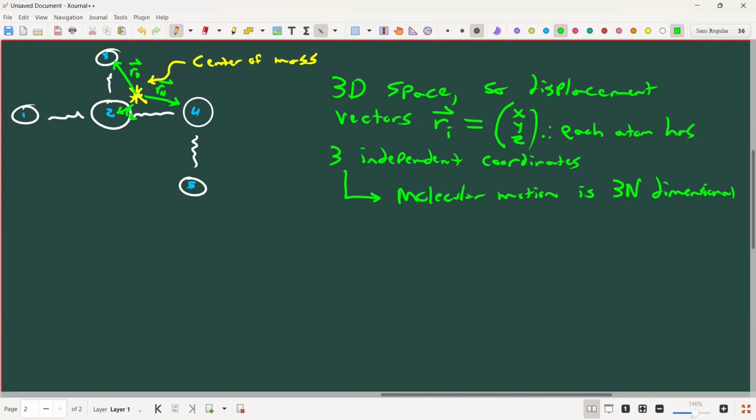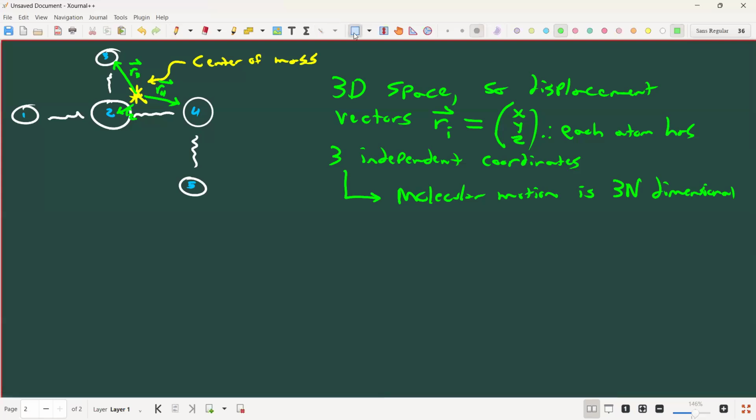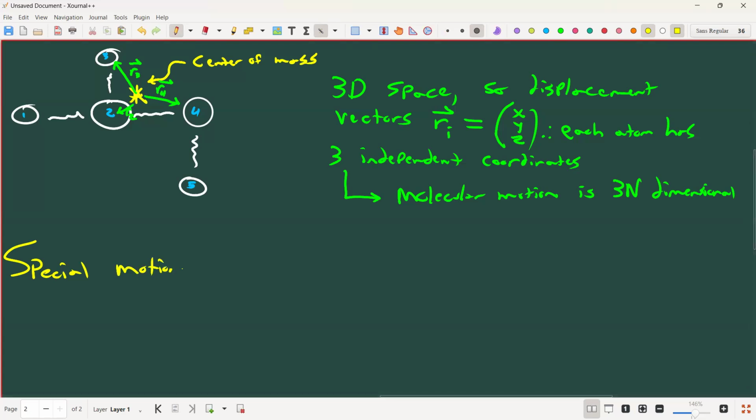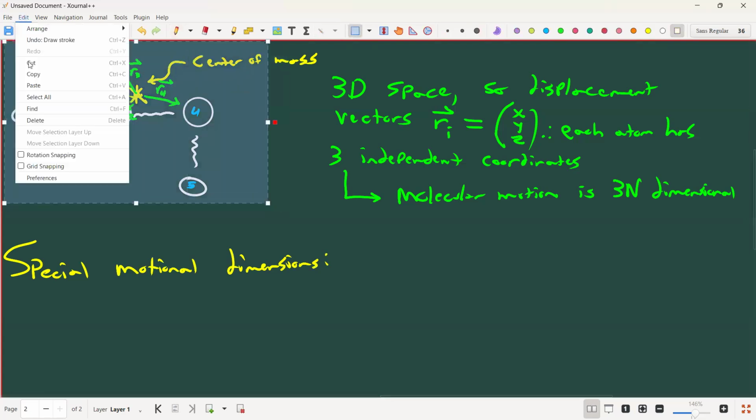So there are 3n different ways to independently move all the atoms. However, there are a set of special motions of all the atoms that we call by different names than just motion. We have some special collective motions. What are those special collective motions? It's easy to think about what these are if we just draw it.